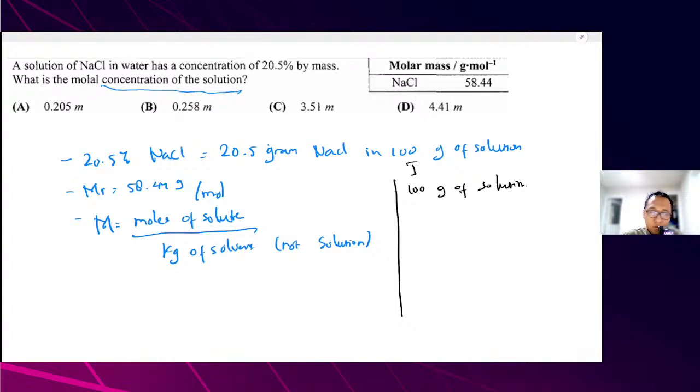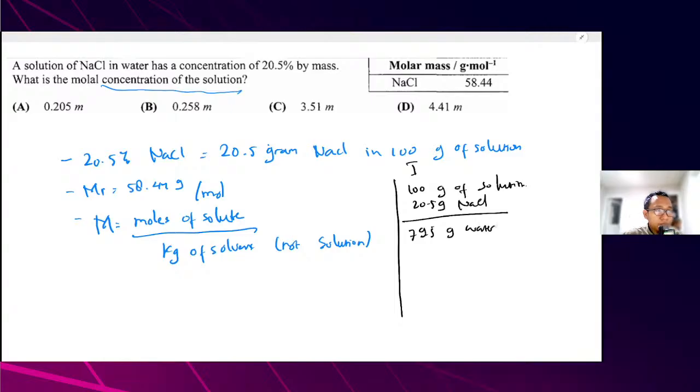So we need to convert. We have water, so we need to find out the gram of water. The total is 100, and this is NaCl, and water is 79.5 gram.